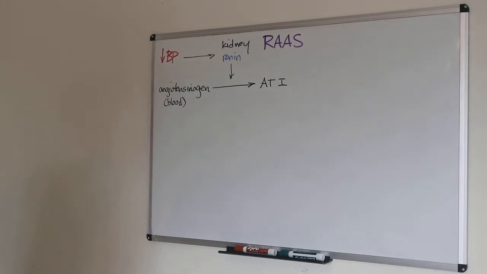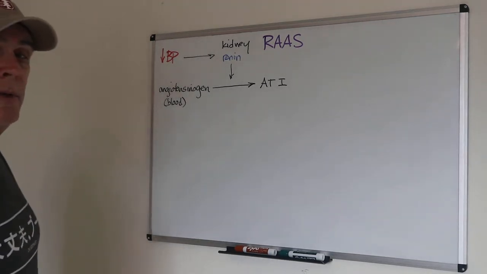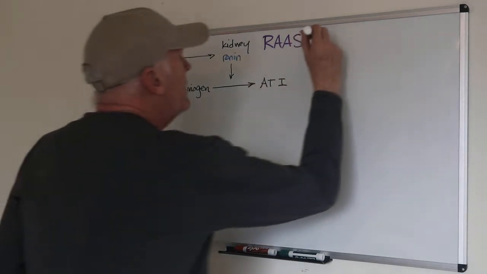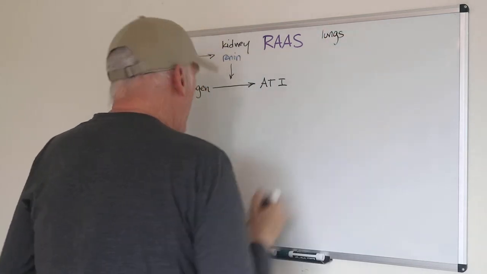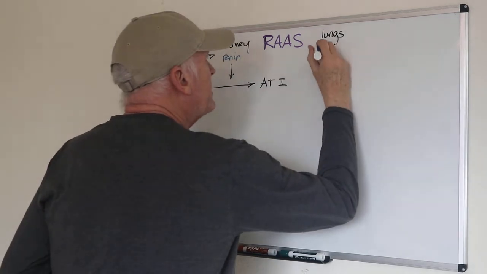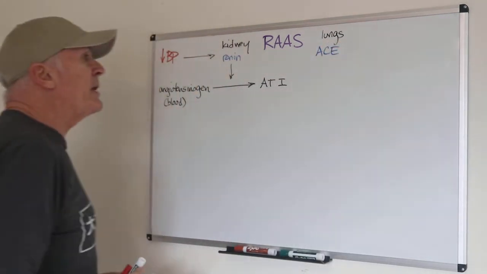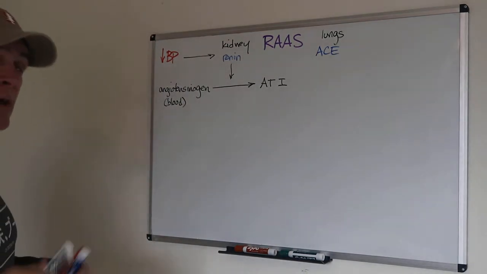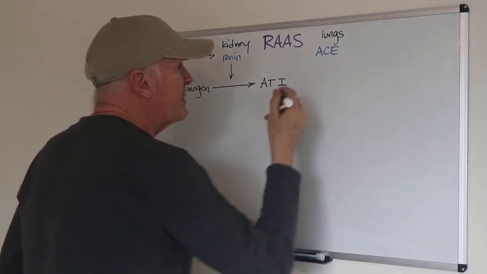Now angiotensin 1 by itself doesn't do much of anything, but it's in your blood, and as it rides through your body, eventually it's going to pass through the lungs. The lungs are going to release an enzyme called angiotensin converting enzyme, ACE. It's going to convert angiotensin 1 specifically.